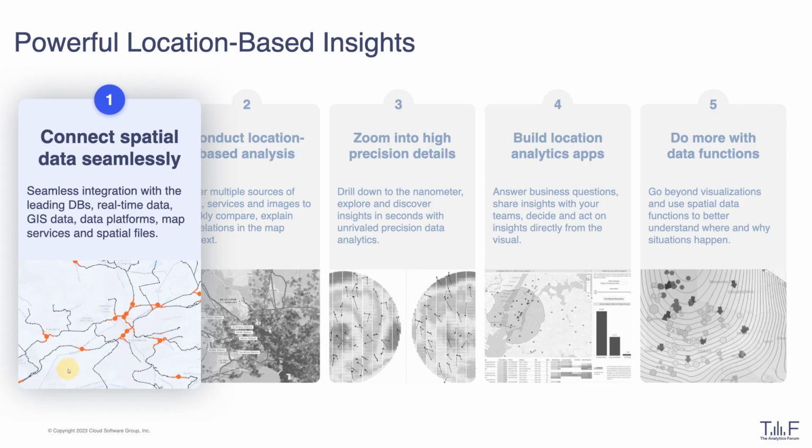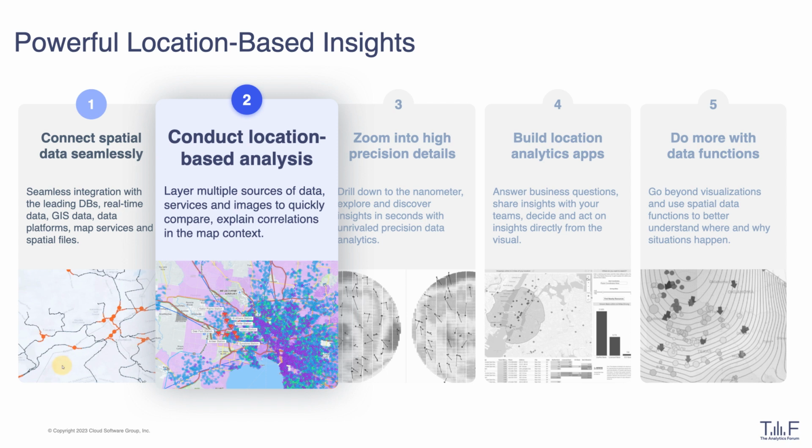Spotfire connects seamlessly to spatial data, GIS, map services, map images, so you get insights quickly in the context of a geographical map, where you can include multiple layers of data, layers from different data sources that are interactive with each other, and other charts as well, and that provide more context to your data and will highlight spatial relationships between them.